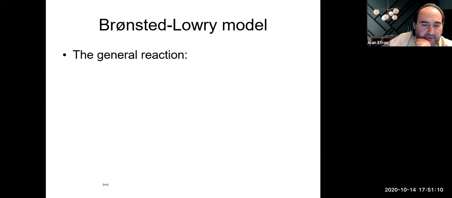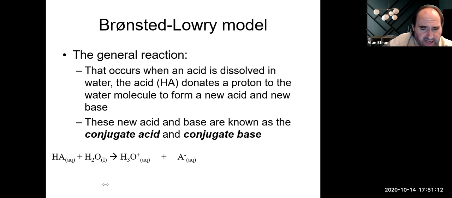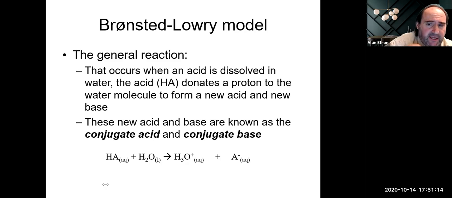So to look at the generic reaction of this, HA here is oftentimes used as a generic formula for an acid. What's going to happen here is this acid is going to donate its H plus over to water, which means water will accept the H plus and act as a base in this case.